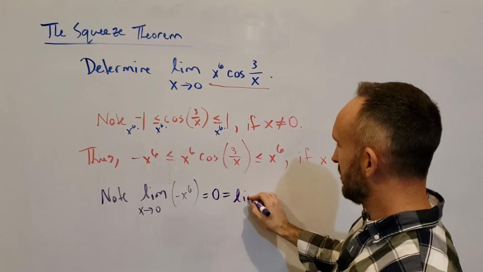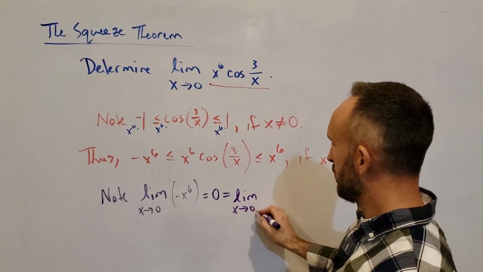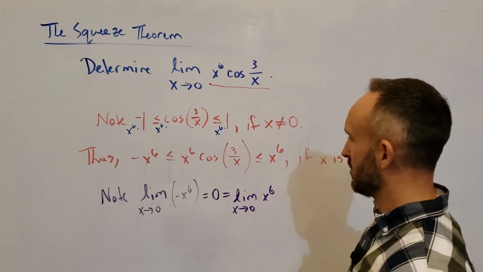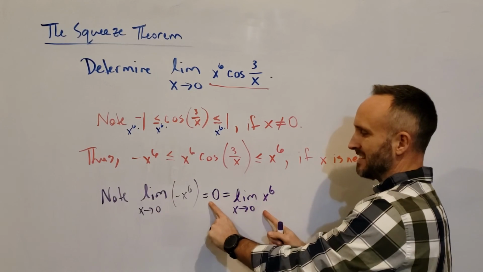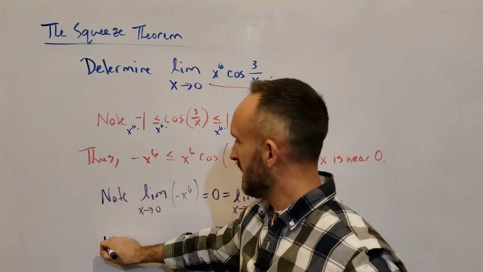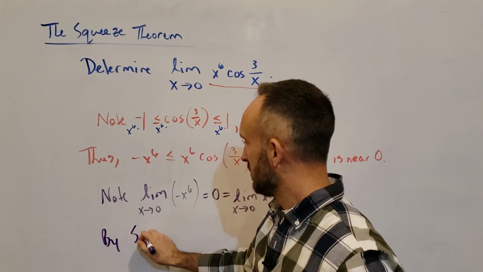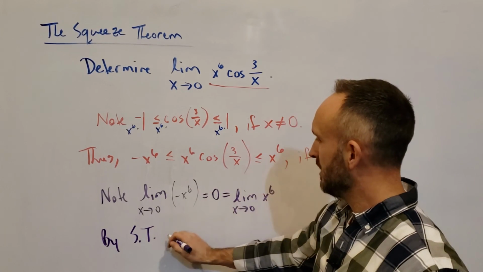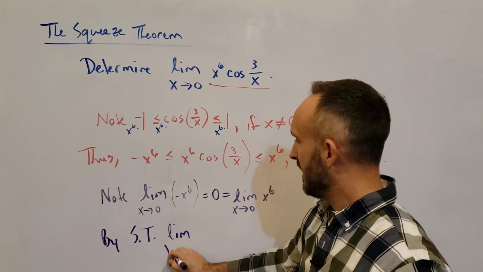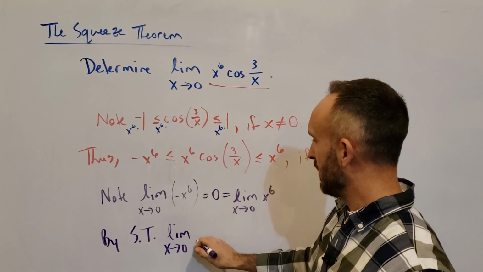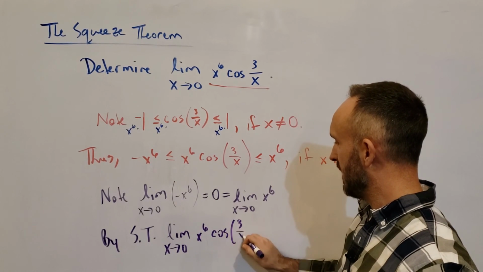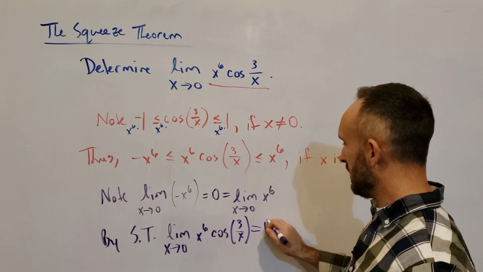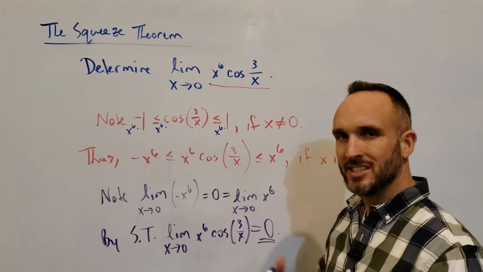And that is also true when you approach 0 of the x to the 6th function. So when I take the limit of my two outer functions, I get 0. So by the squeeze theorem, the limit as x approaches 0 of my middle function, x to the 6th times the cosine of 3 over x, has to also equal 0.